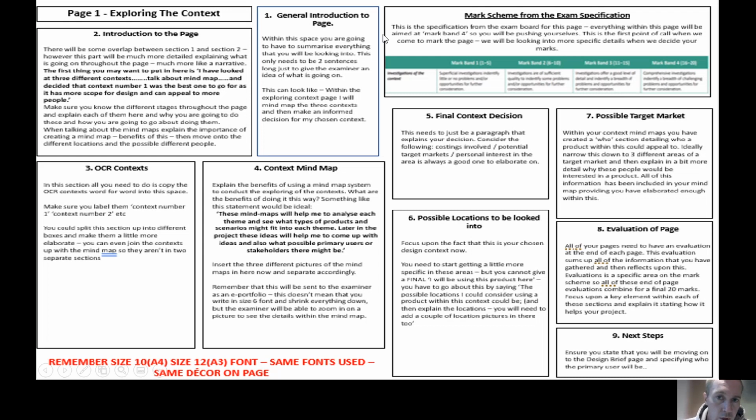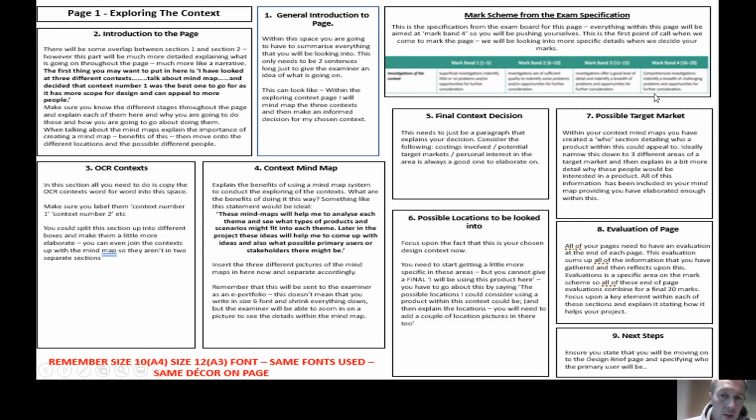I've put up in the right hand corner here the mark scheme that we're going to be looking at. So when we mark your paper, this has the mark bands. So you can see, if you're going to get a really low score, this is the reason why. You are always going to be looking at these top mark bands, mark band 3 and mark band 4.